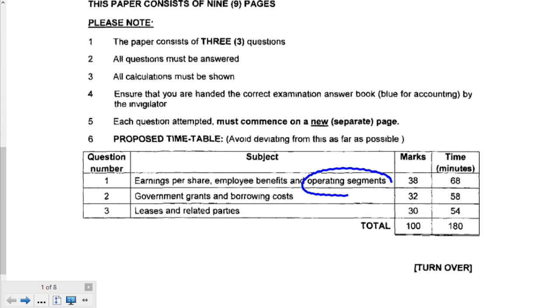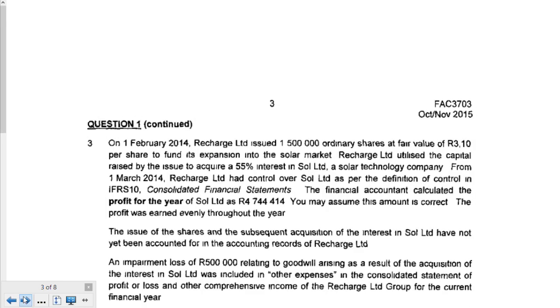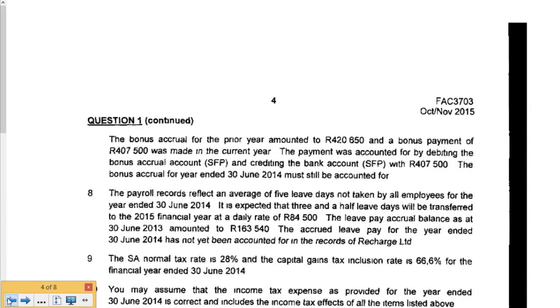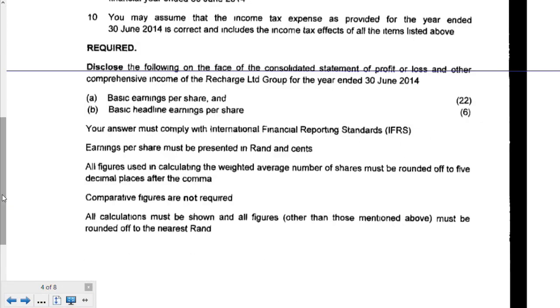So today we are doing question 1, part A, which is earnings per share and employee benefits. Let's have a quick squiz at the required. Okay. So this is the required.